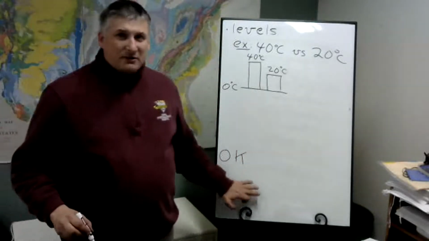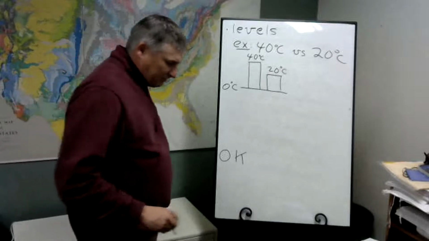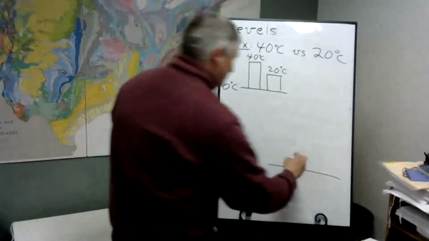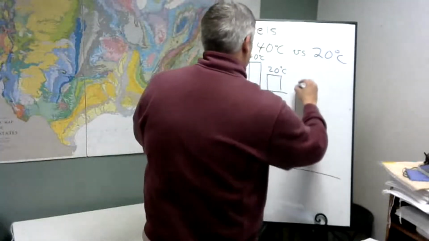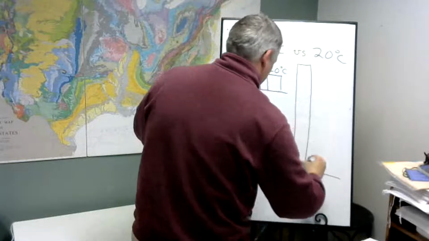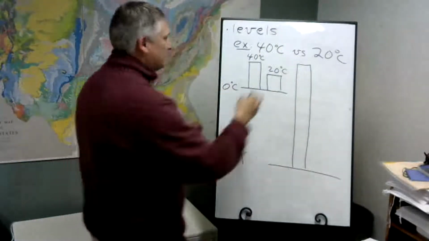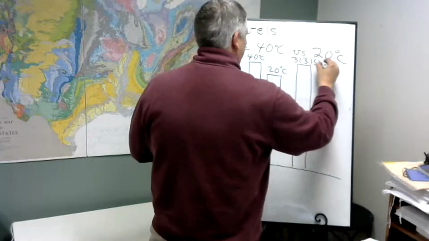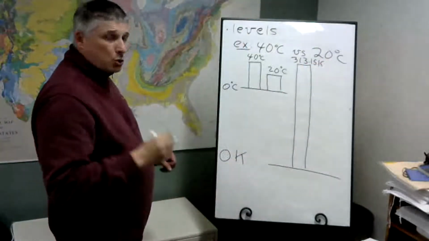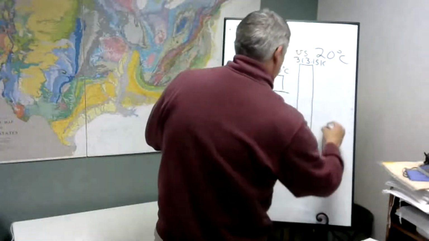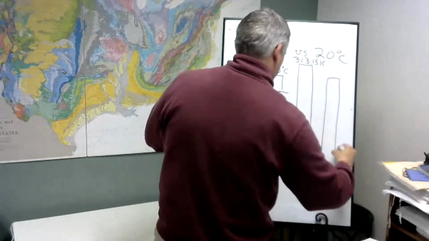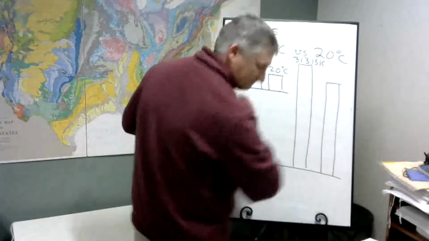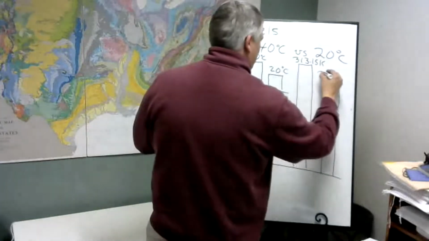So what is 0 Kelvin in Celsius? Well, let's compare our Celsius measurements rather. 40 degrees Celsius in Kelvin is 313.15 Kelvin. 20 degrees Celsius in Kelvin, 293.